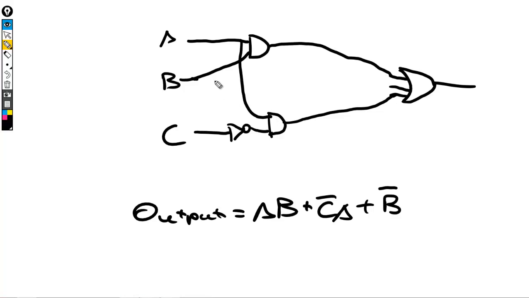The last case is when B is inverted. We're going to bring that in. So this whole expression, this equation right here, is our circuit right here, output.